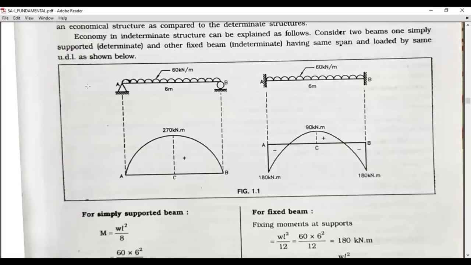Let us compare. This is the simply supported beam. This is fixed on two sides. Then we can see the moments: 270 kilonewton meter here, and only 190 kilonewton meter, 180 kilonewton meter and 180 kilonewton meter for the fixed beam.